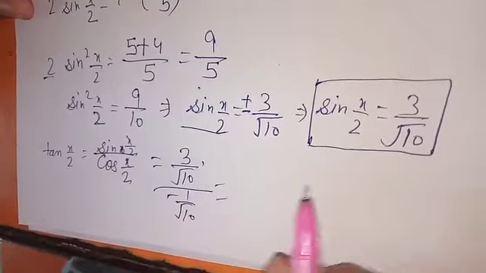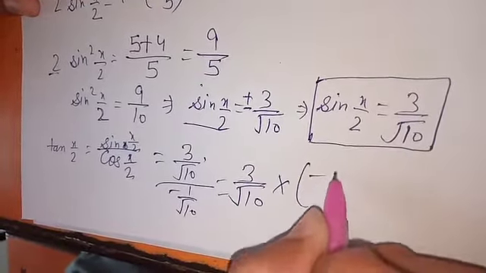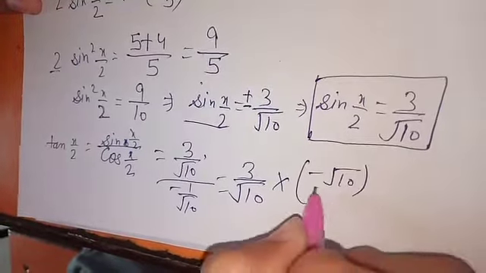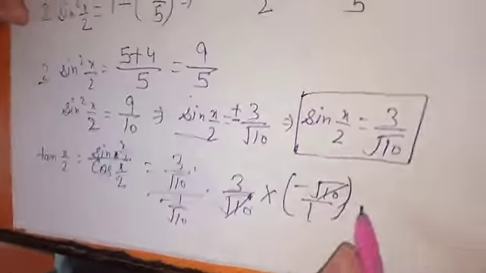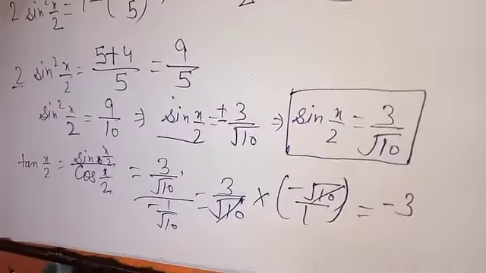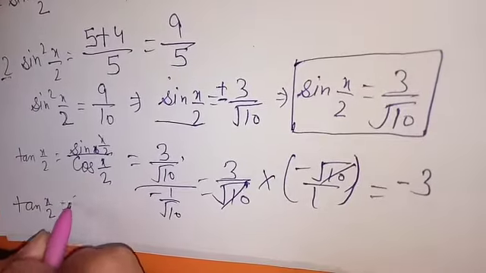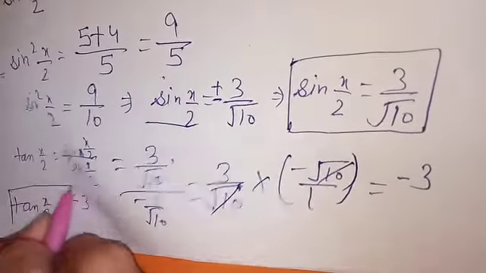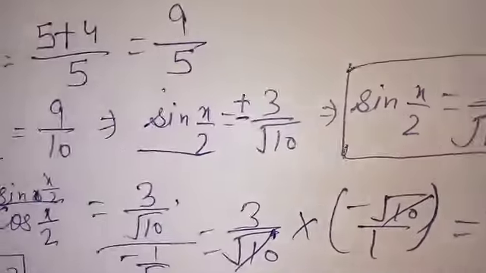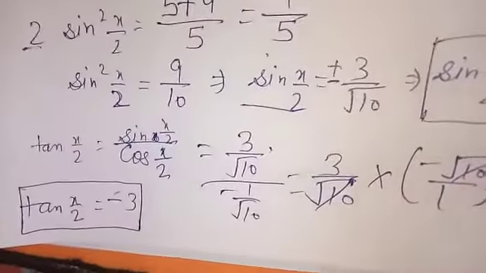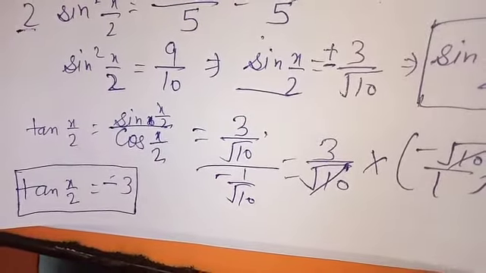So this I can write as 3 by root 10 into minus root 10 by 1, reciprocal of it. Root 10 cancels root 10, so at last I get minus 3. So tangent x by 2 is equal to minus 3. Okay, understood? Now it was our example number 28, a very important example.